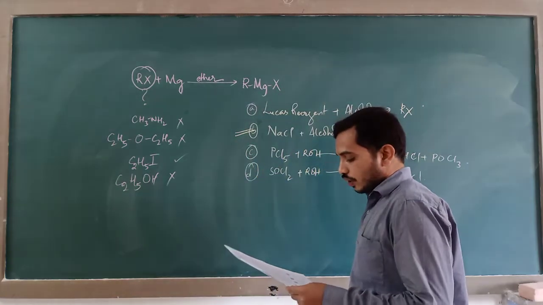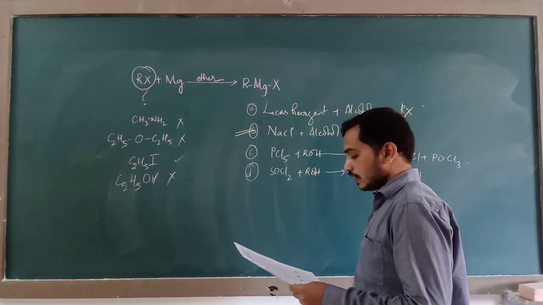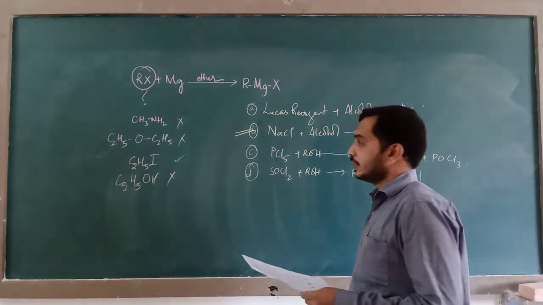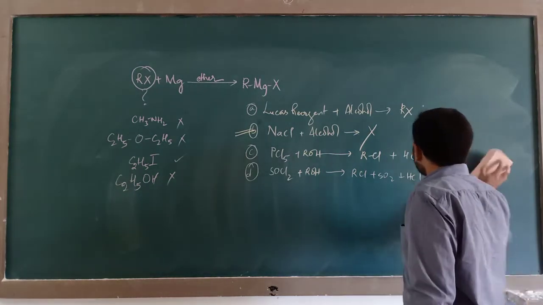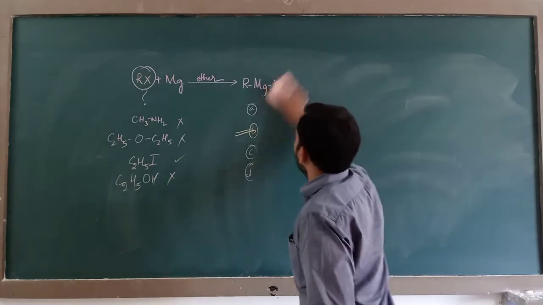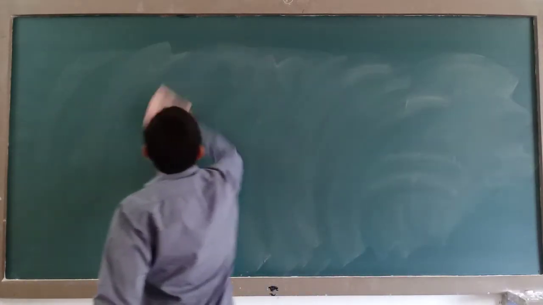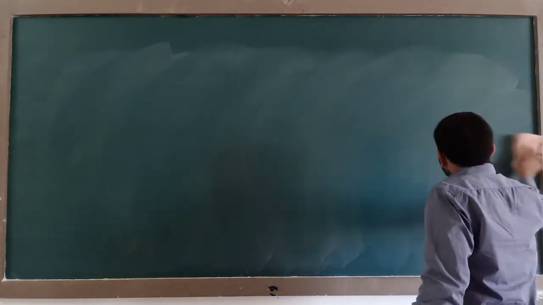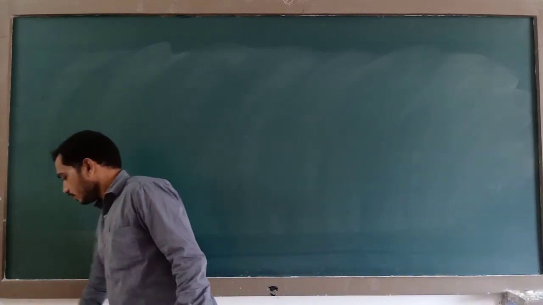The compound formed on heating chlorobenzene with chloral in the presence of concentrated sulfuric acid. This is also an application based question. For this again you need to know what chloral is and what is obtained when chlorobenzene is reacted with it in the presence of concentrated sulfuric acid.